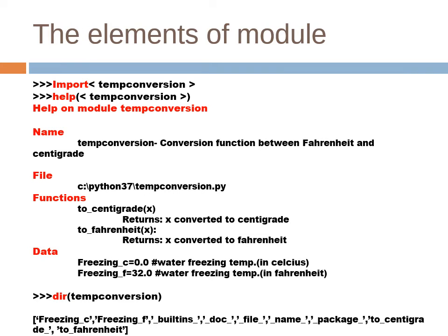Once again I repeat, if I give dir with the name of the module in brackets, it returns all the names defined inside the module. Whatever you have defined, the two functions, to_centigrade and to_Fahrenheit, and the two constants, have been displayed here.